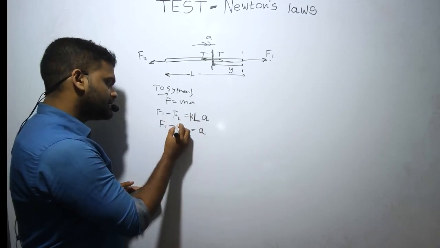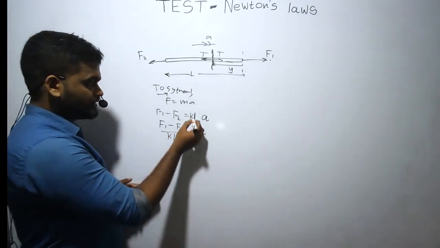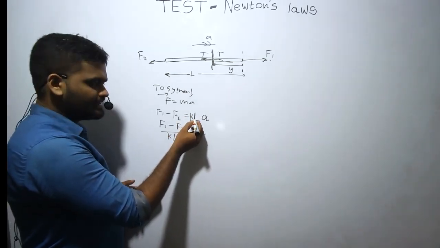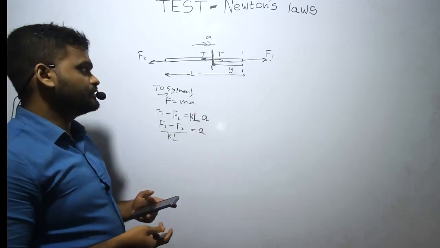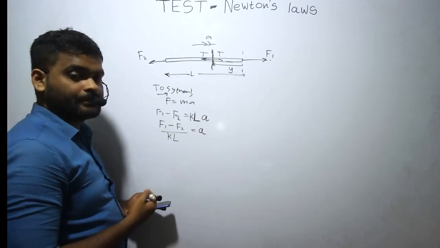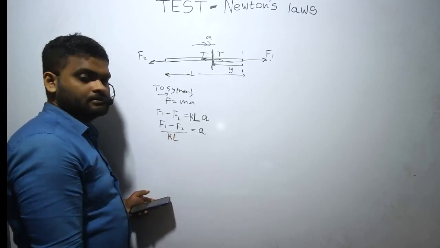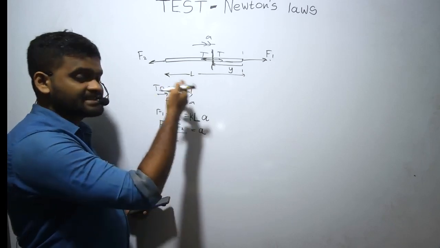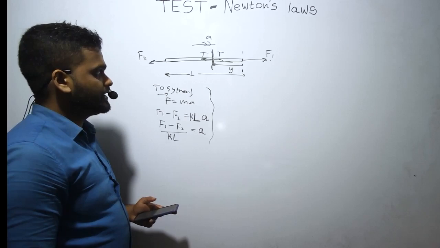So F1 minus F2 divided by kL. So kL is the mass. When you multiply this by a constant, it turns into a mass, right? Because of uniform cross section and uniform density, you can write the mass as kL. So this is for the acceleration of the system. Okay, we found the acceleration.